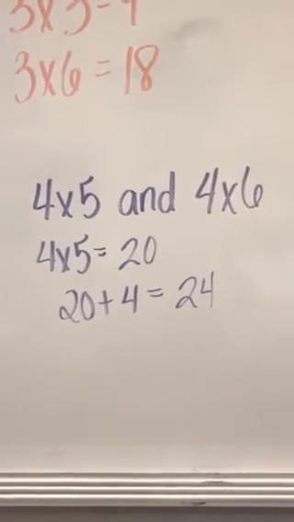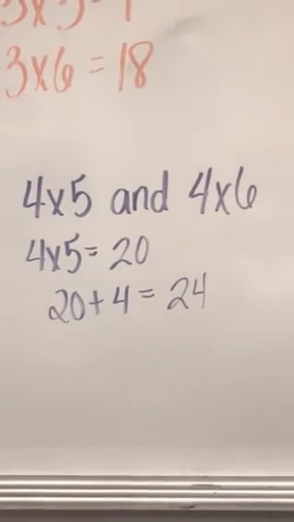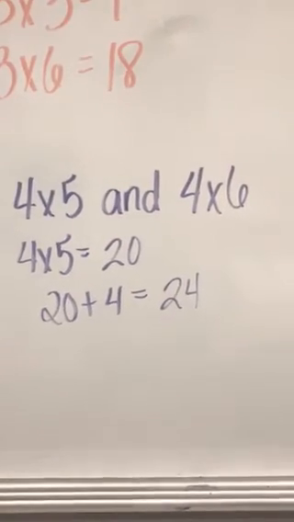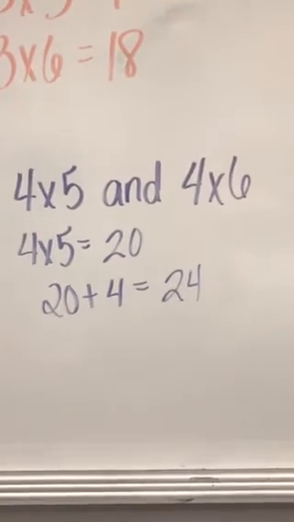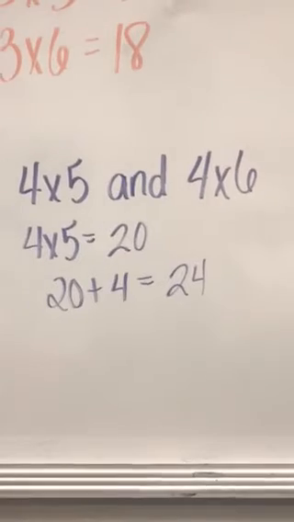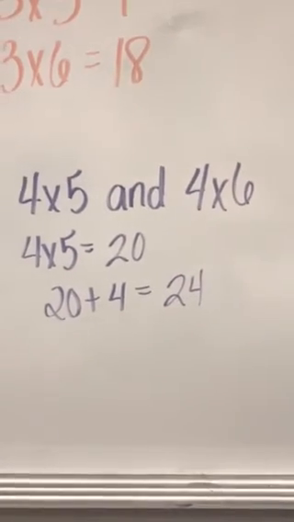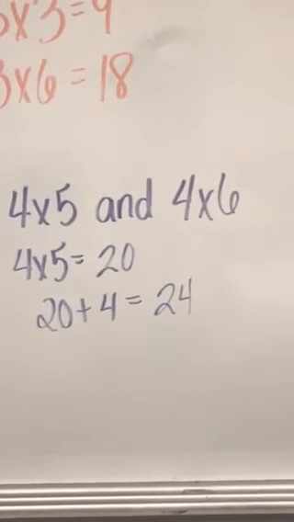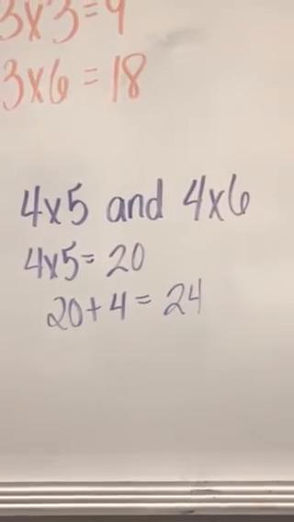I'm really close to 4 times 6 because I know that 4 times 5 is 20, and I'm missing just one array. I'm missing a 4 by 1. So all I need to do is add a 4 because 4 times 1 is 4. So therefore 20 plus 4 is 24. They used their 5s to help them get to their 6s by getting as close as they can.